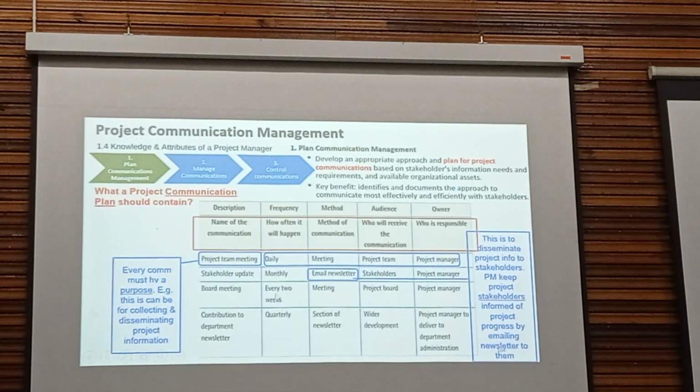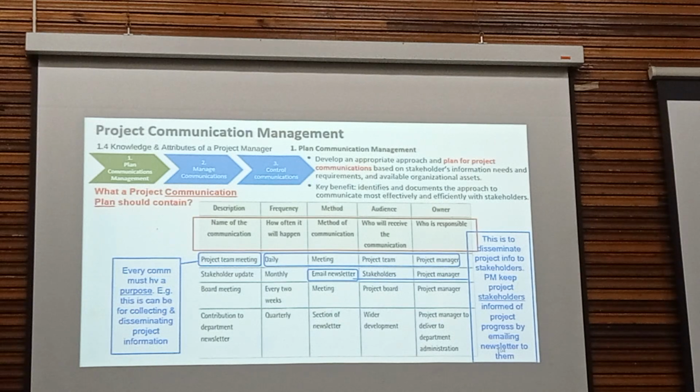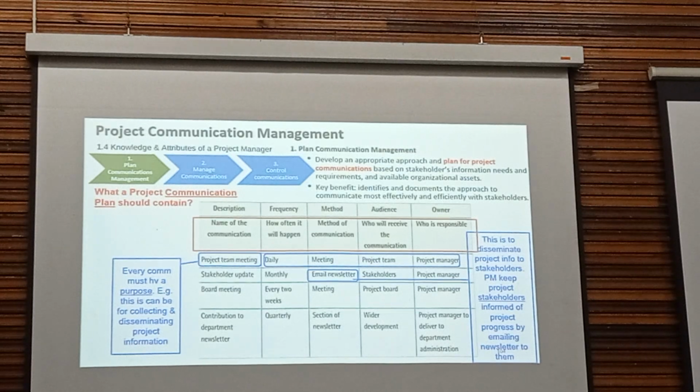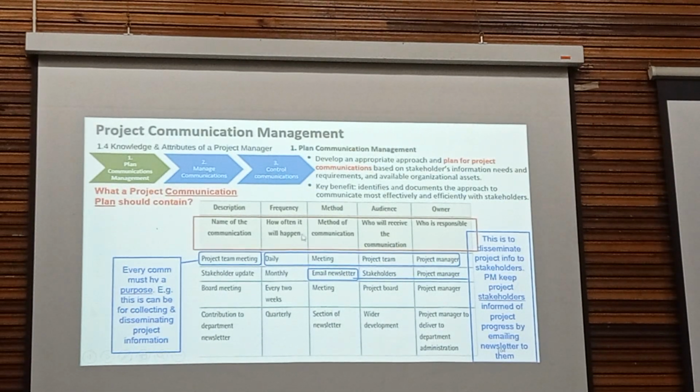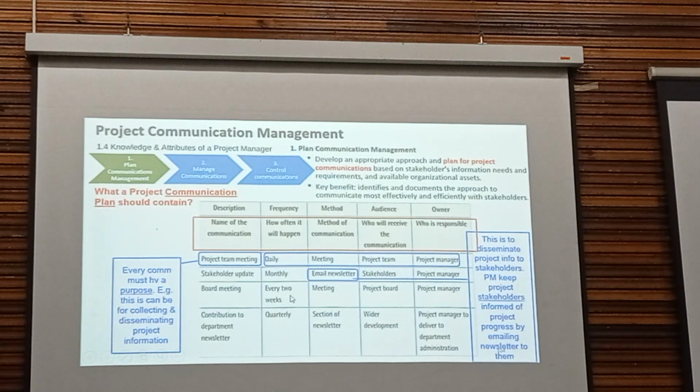And quarterly, if the project is 6 months long, you will be doing this 2 times in 6 months. So the frequency tells us how often you will conduct the meeting, and how many times you will email the newsletter.